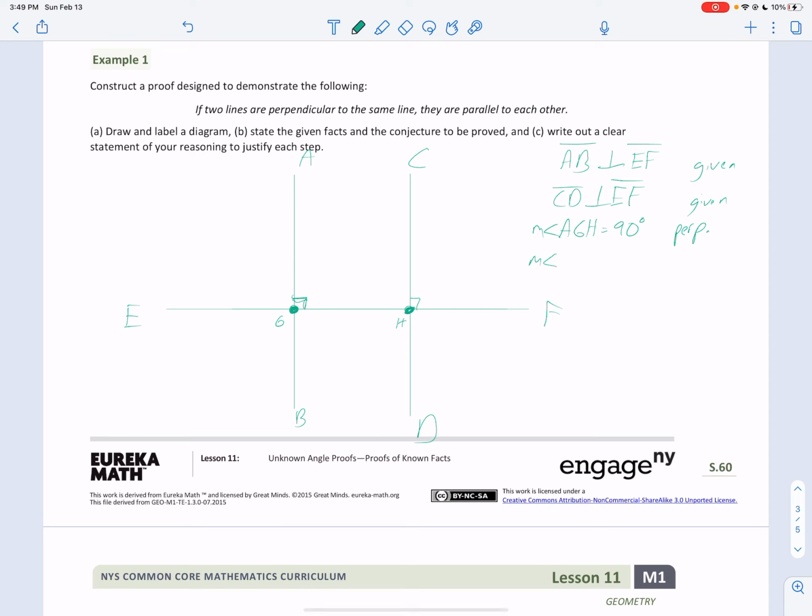M of angle, because I've also got this one. M of angle CHF also equals 90 degrees. So both of these are for the same reason. They're perpendicular lines form 90-degree angles. So perpendicular lines form 90-degree angles.